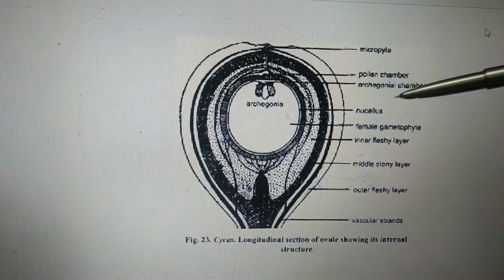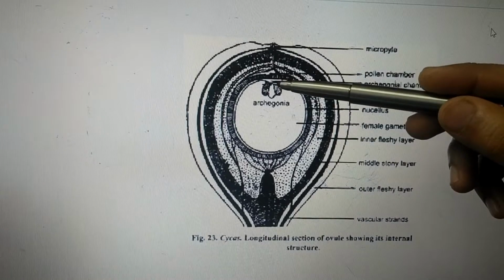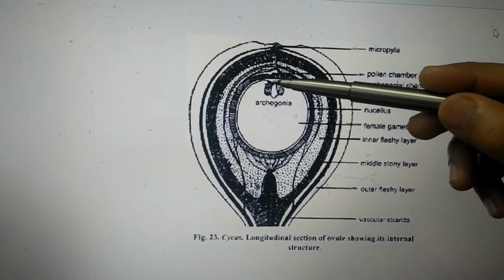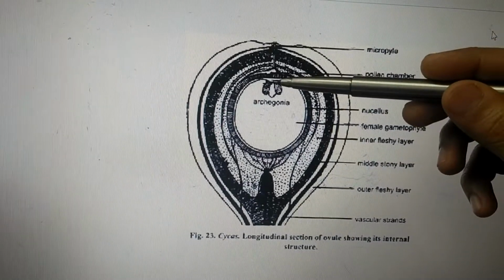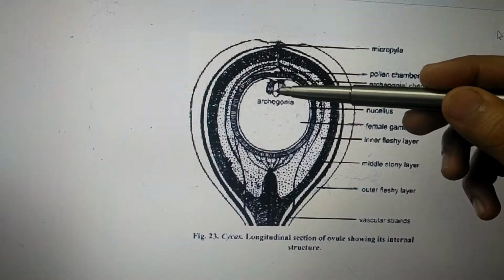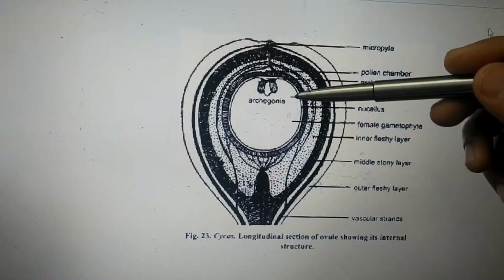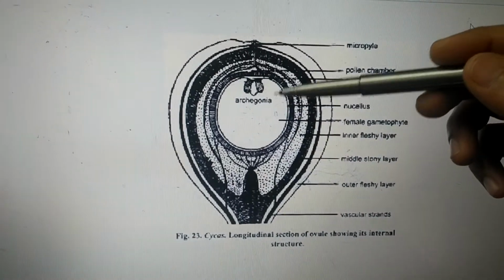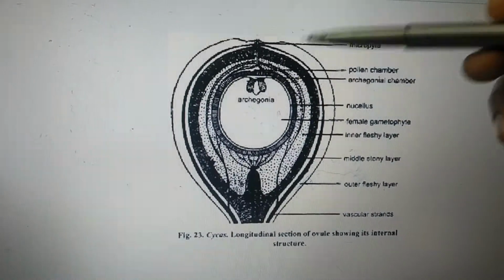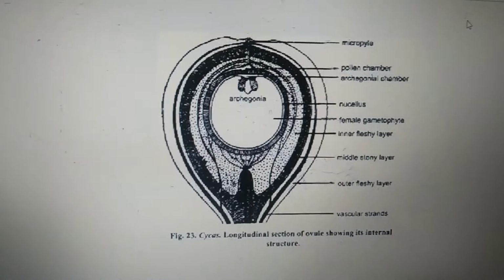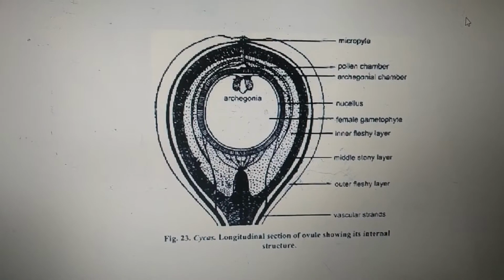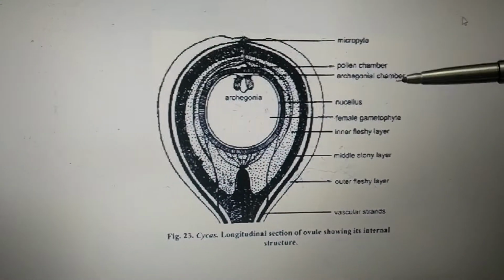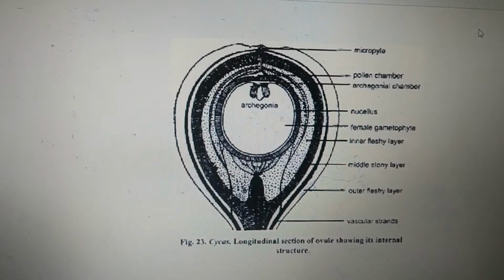Below the pollen chamber we have the archegonial chamber, this small white portion, which has the archegonia present in it. The number of archegonia varies from 1 or 2, and there may be as many as 6 in a Cycas. Here we have only 2 archegonia.